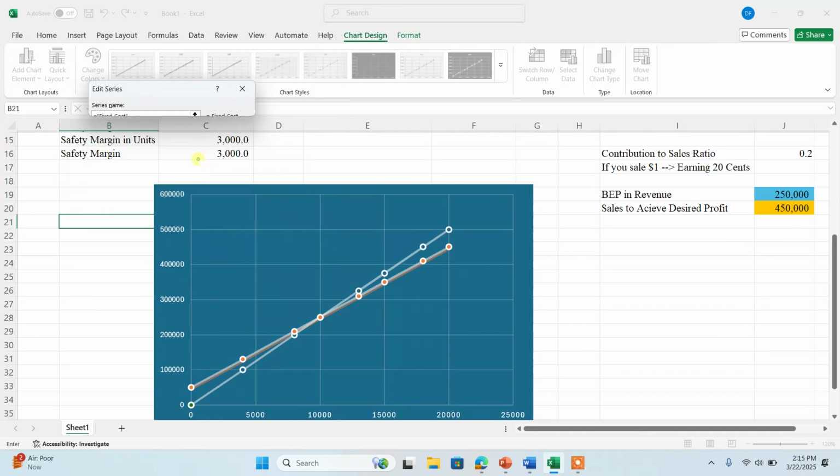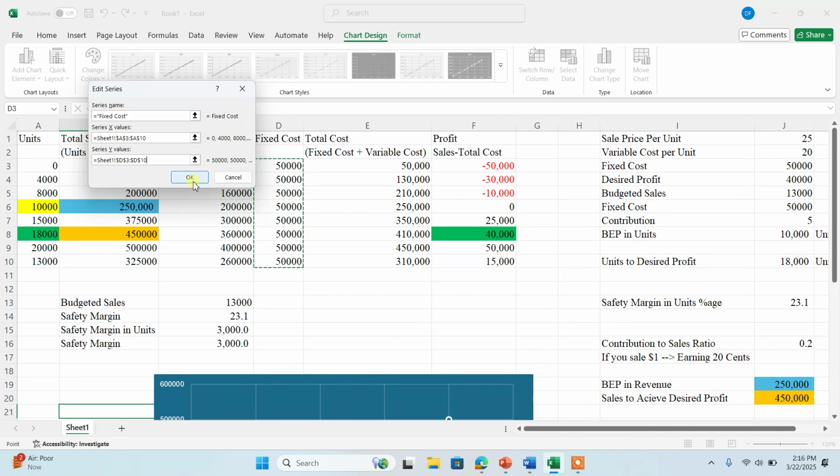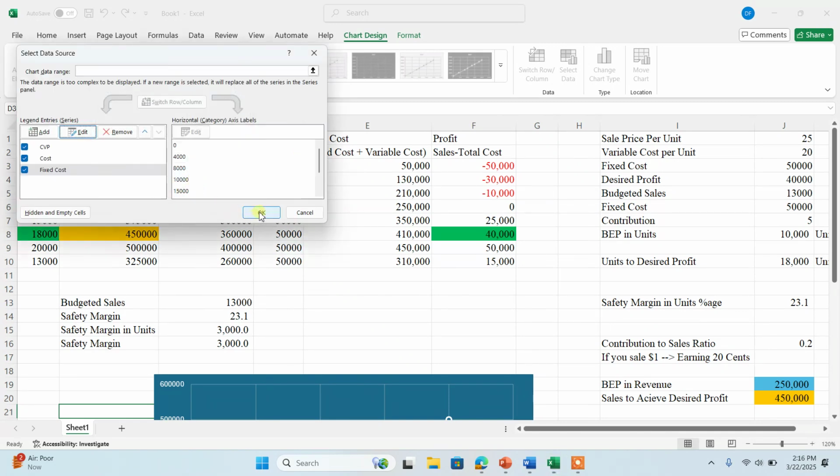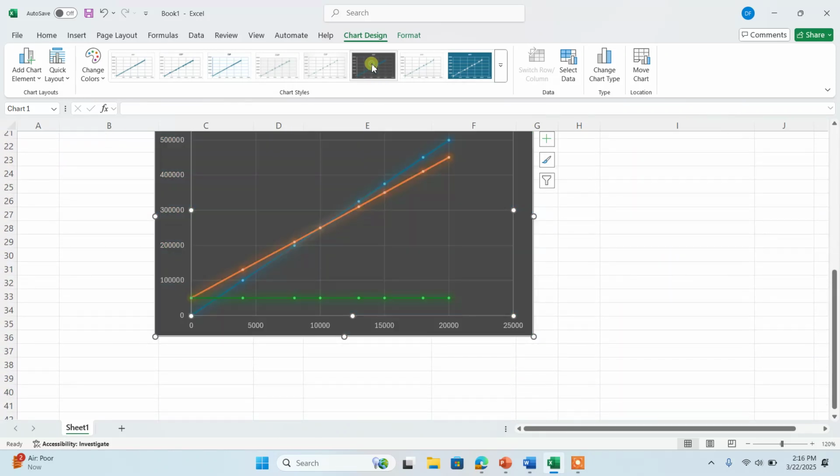Fixed cost was not selected. It's here. Now you can see that the green line presents the fixed cost. It remains the same.